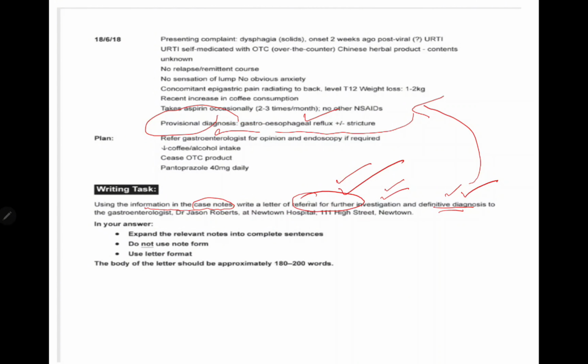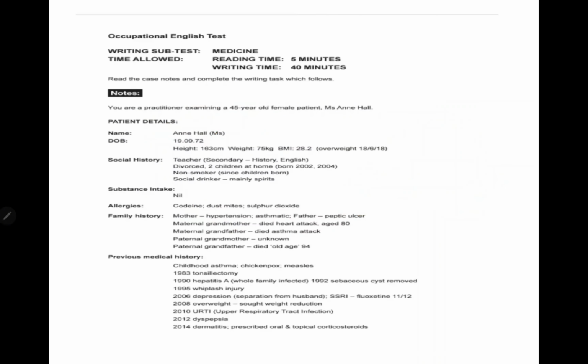After reading this, you know that you are writing a referral letter to a gastroenterologist and the patient has a diagnosis of gastroesophageal reflux. Go to the first page, where the details of the patient are given.